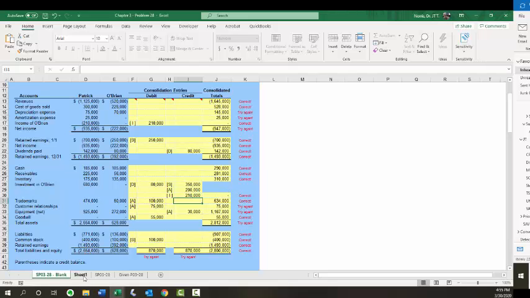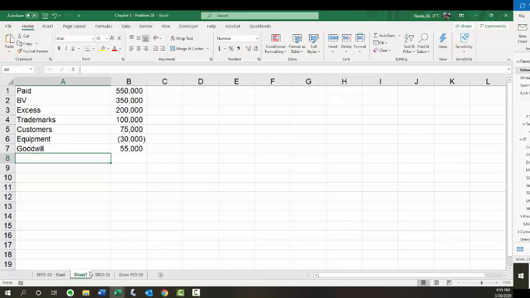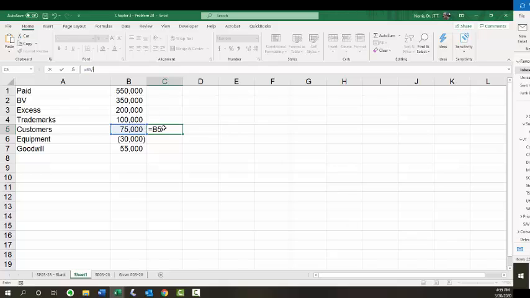Now the last thing is that the customer relations are assumed to have a 5-year remaining life, and the equipment is assumed to have a 10-year remaining life. So that's a net of $12,000.